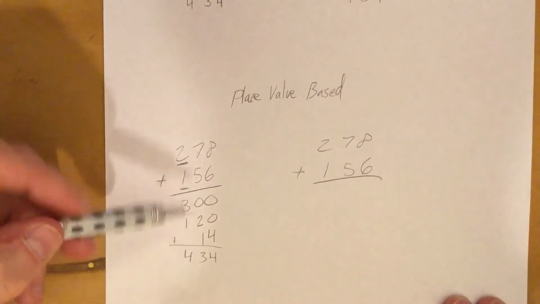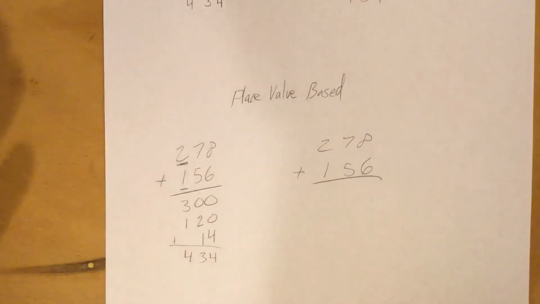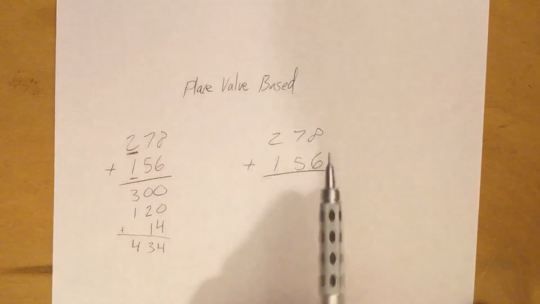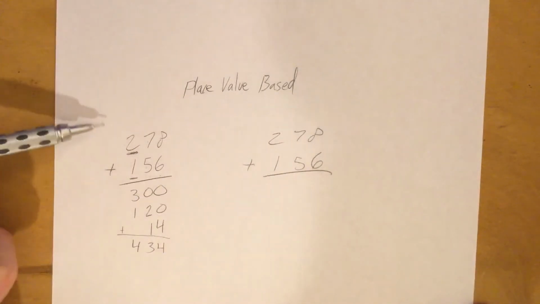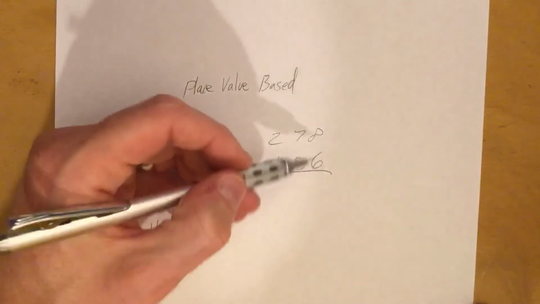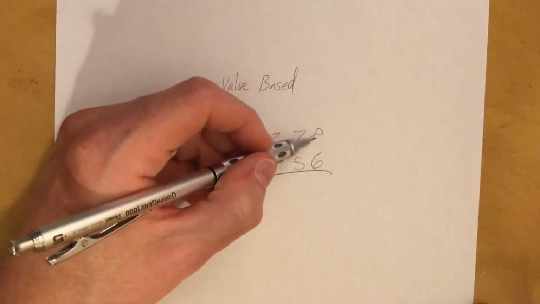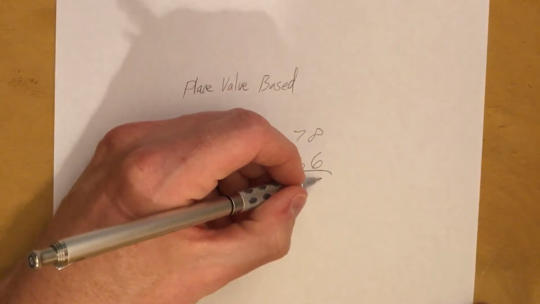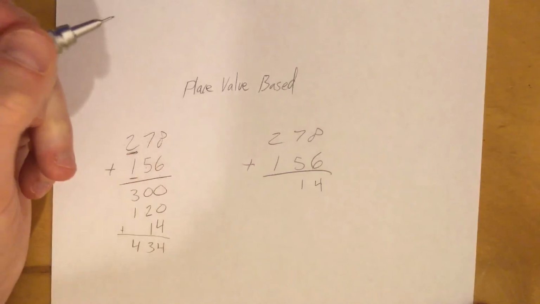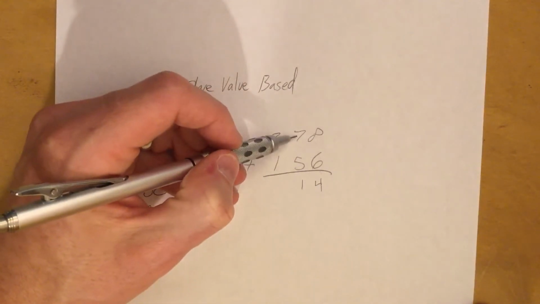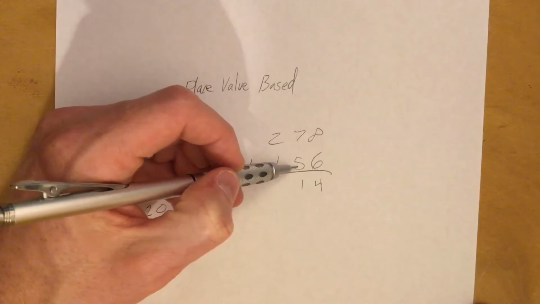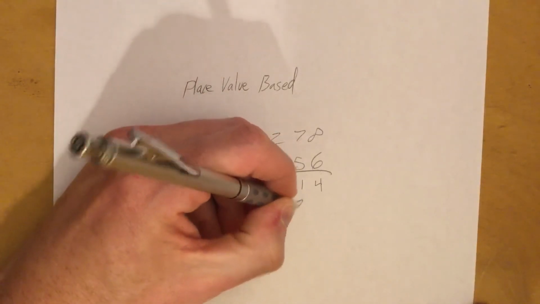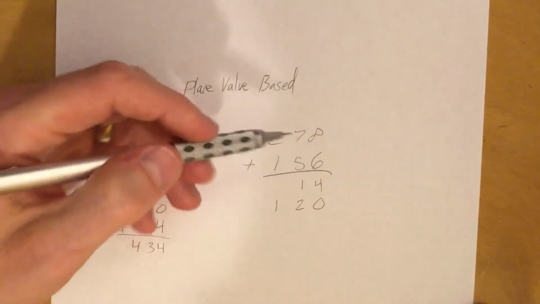So this has a couple more steps, but for some of us it might be a little bit easier thinking about it this way. So this is basically the same thing, except instead of going from left to right, we go from right to left. So we start over here with the ones column. So 8 ones plus 6 ones equals 14 ones. 7 tens plus 5 tens, which is also 70 plus 50, equals 120.